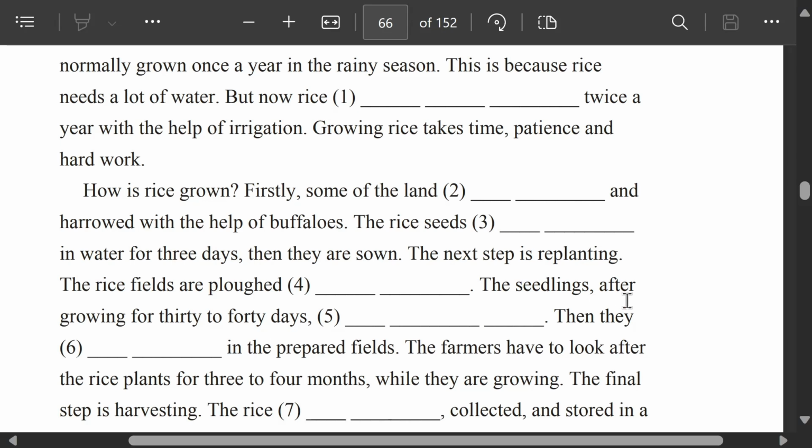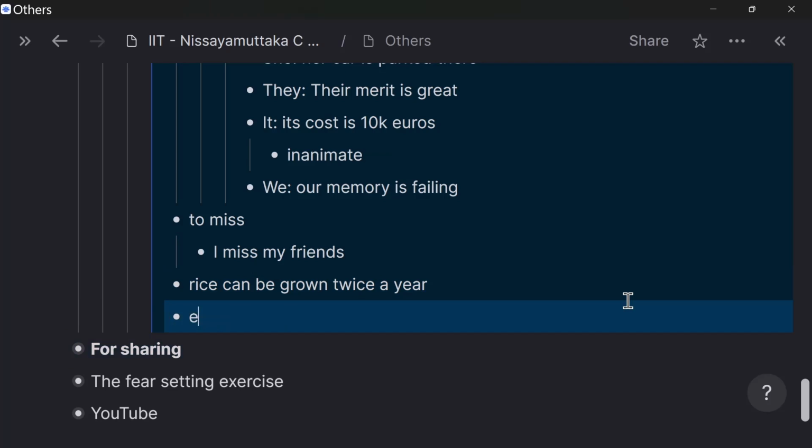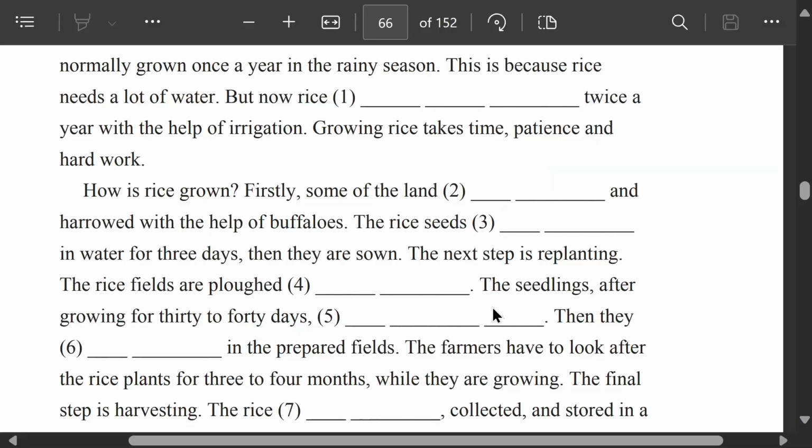Remember seedling? Bean seedling. So they pull the seedlings up and then replant them. Okay. The rice fields are plowed.